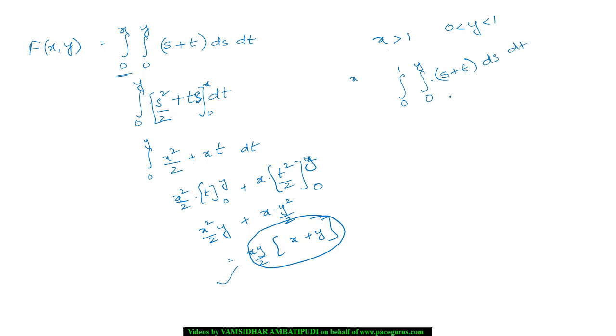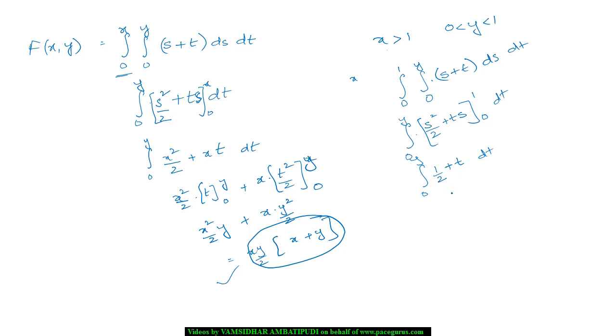I can integrate first with respect to x, which is s, making it s squared by 2 plus ts, everything between 1 and 0, dt. So this becomes 1 by 2 plus t dt.